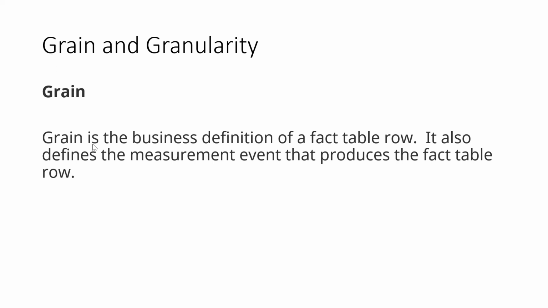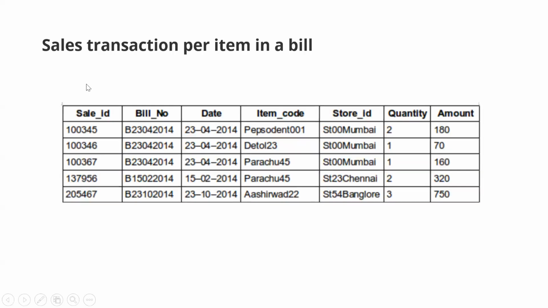Grain means in a table, what a single row signifies, that is called the grain. Giving you an example. So this is a fact table. It has sales ID, bill number, date, item code, store ID. Up to these columns, those are foreign keys to set up relationships with dimensions.